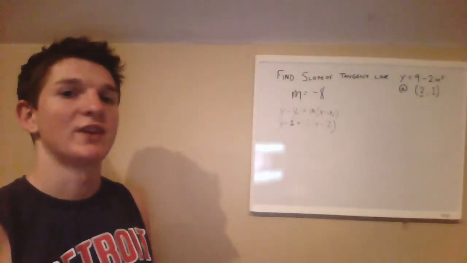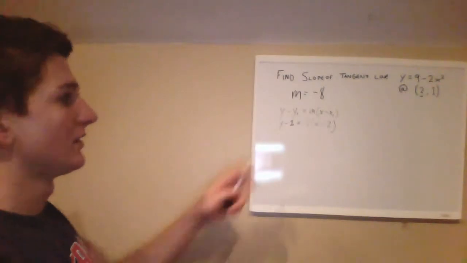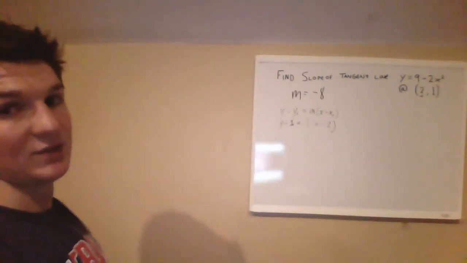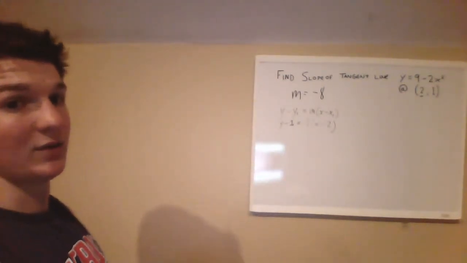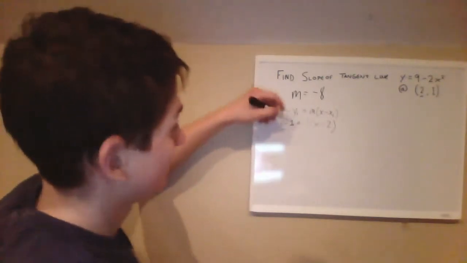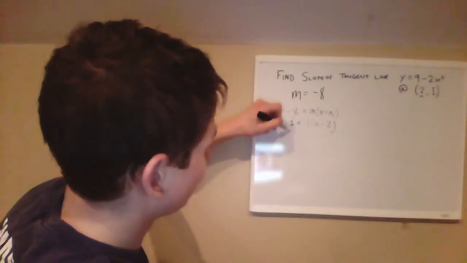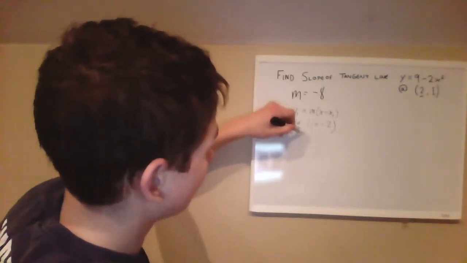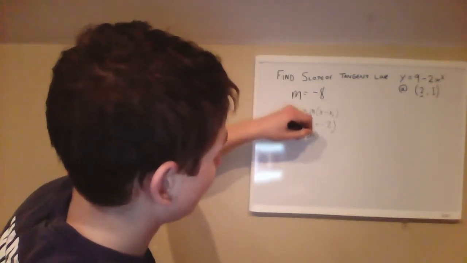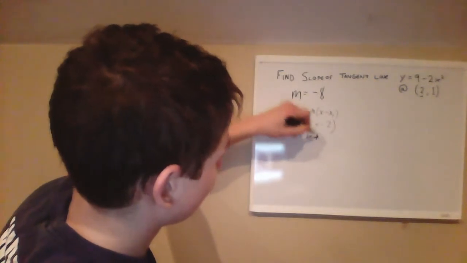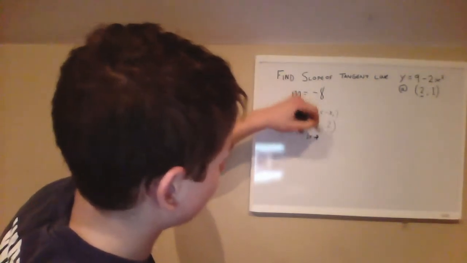To get this into standard form, which is y equals mx plus b, we just manipulate the equation to put it into that form. You multiply this out, so y minus 1 equals negative 8x plus 16, so 8 times 2.